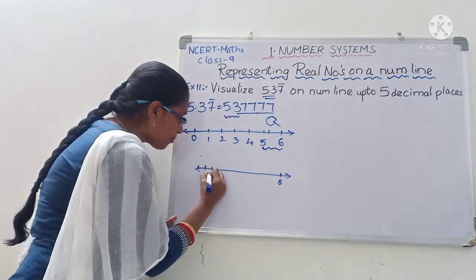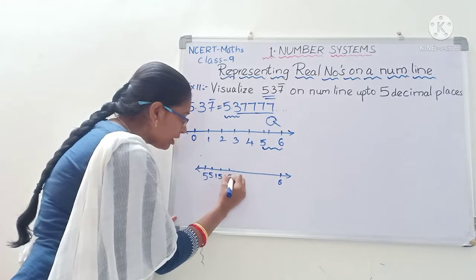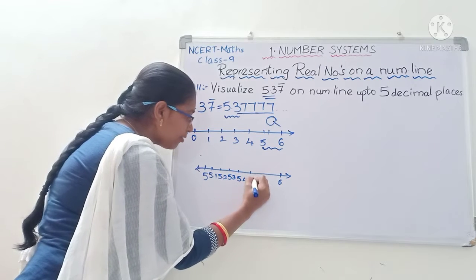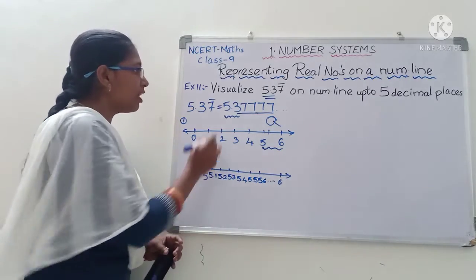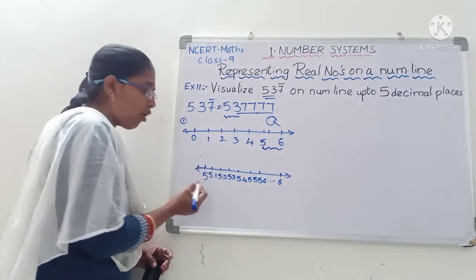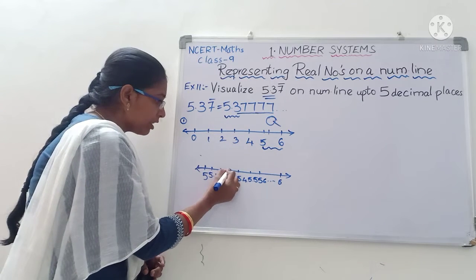After 5 you get 5.1, 5.2, 5.3, 5.4, 5.5, 5.6 and so on till 6. Children, we need 5.3. So 5.3 will be where, children? After 5 and before 5.5. See here you will find 5.3.